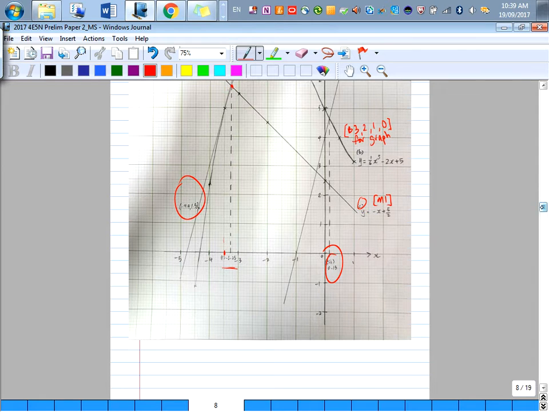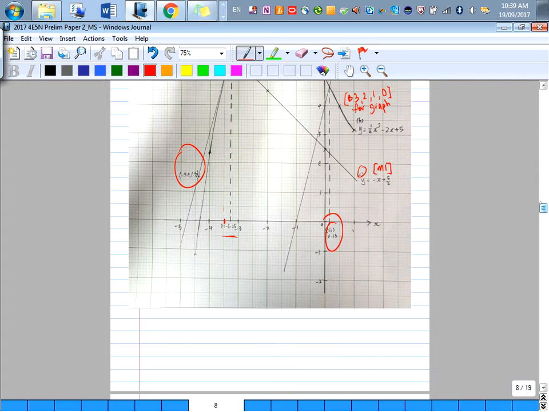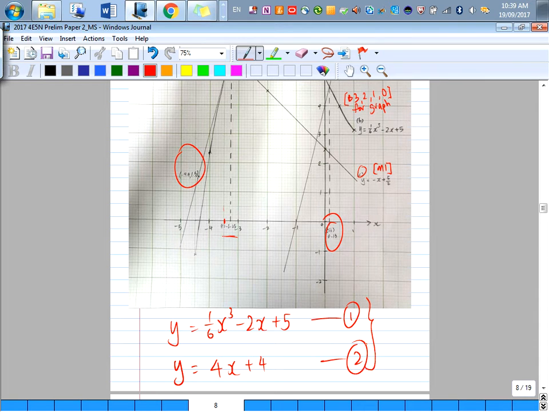First equation, y equals 1 over 6 x cubed minus 2x plus 5. Second equation is y equals 4x plus 4. Solving them simultaneously, I will get 1 over 6 x cubed minus 2x plus 5 equals 4x plus 4.